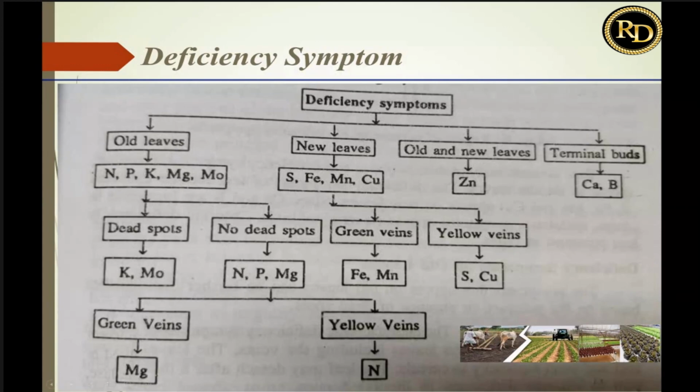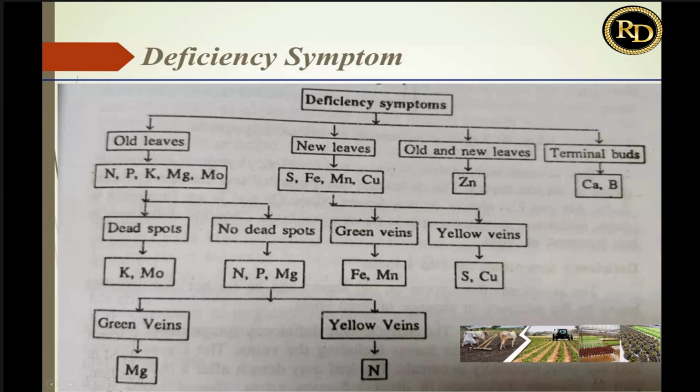If I classify the deficiency symptoms, there are only a few. If there is a dead spot, then potassium or molybdenum is the nutrient which is deficient in your recipe. If there is no dead spot, then maybe nitrogen, phosphorus, and magnesium are the nutrients because of which the symptom is early.